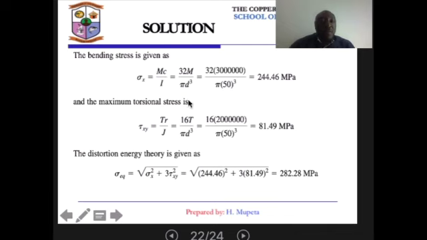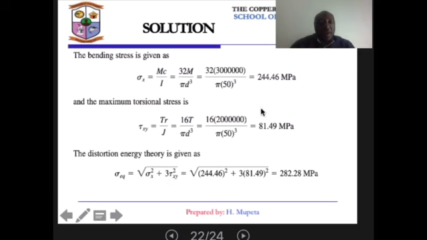From here, we are now going to get the maximum torsional stress, which is given by 16T, T is the torque, over pi d to the power 3, and we do the same to the torque as we did to the moment here, and we find that the maximum torsional stress is equal to 81.49 megapascal. And from the distortion energy theory, we know that the equivalent stress will be given by the square root of the maximum bending stress squared plus 3 multiplied by the maximum torsional stress squared.